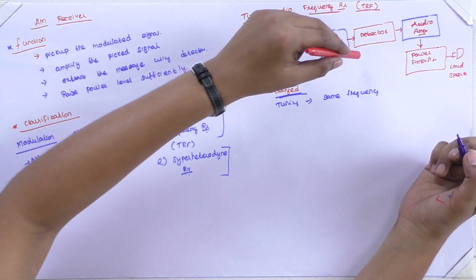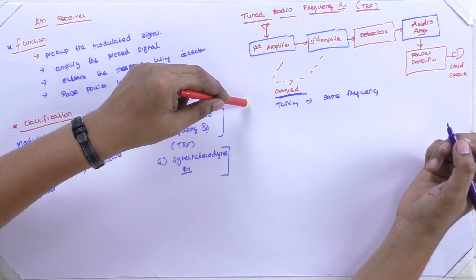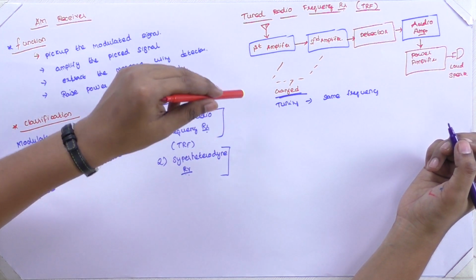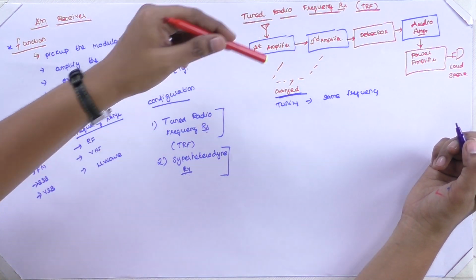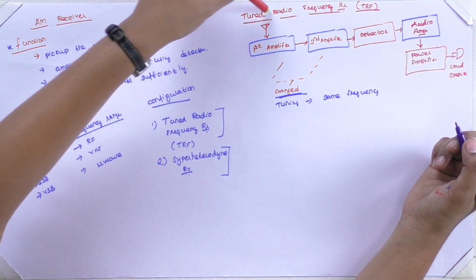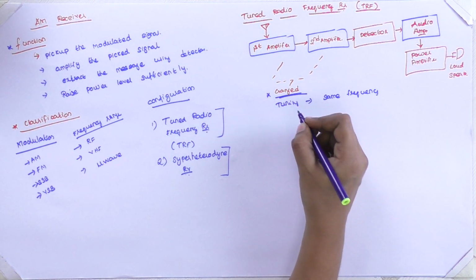That is, all the amplifier stages are mechanically tied together, and if we set one frequency, then it is automatically reflected in all the amplifier stages. That is, the same frequency will be tuned in all the amplifier stages. That's why it is referred as ganged.